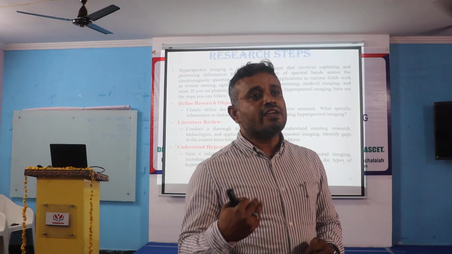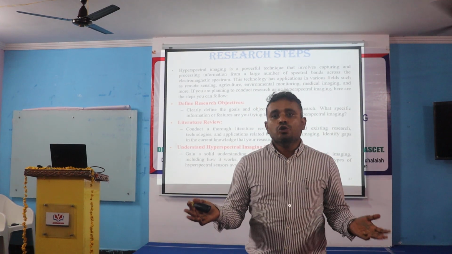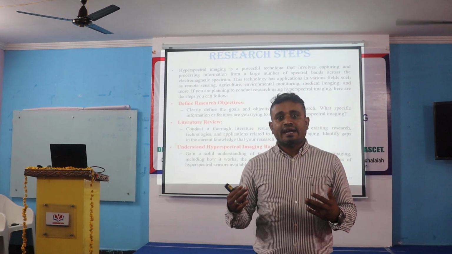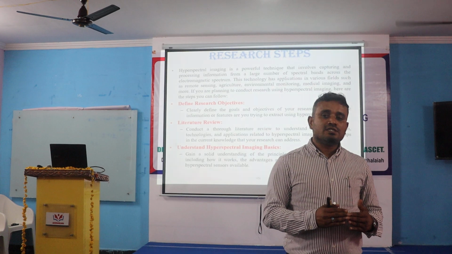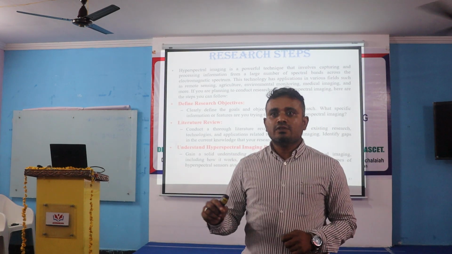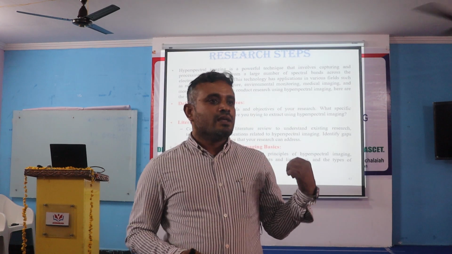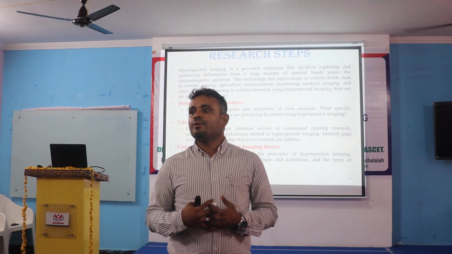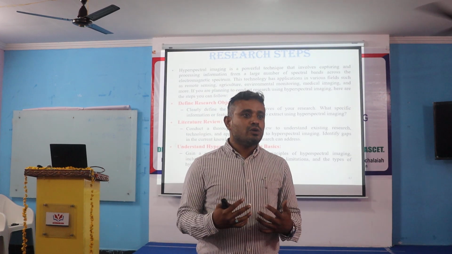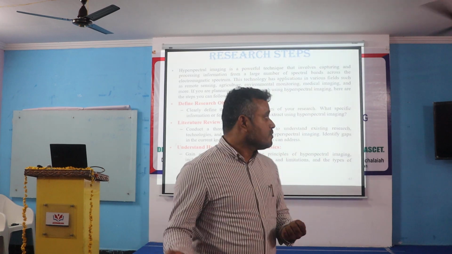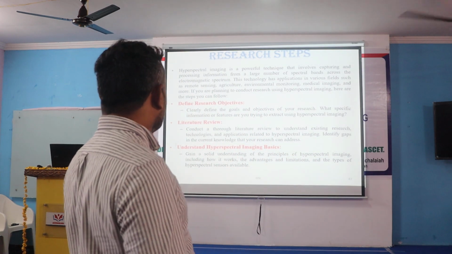We can get that by collecting a huge number of papers from standard journals or standard publications and getting an idea of how progressive the research is in that specific field. That entire thing comes under literature review: collecting the data, analyzing the data and getting an idea at what level our objectives have been achieved. That is called literature review.